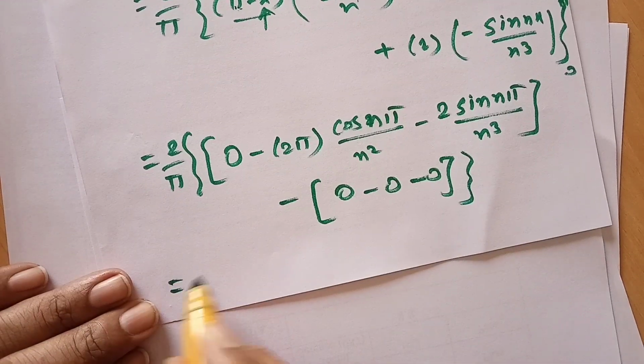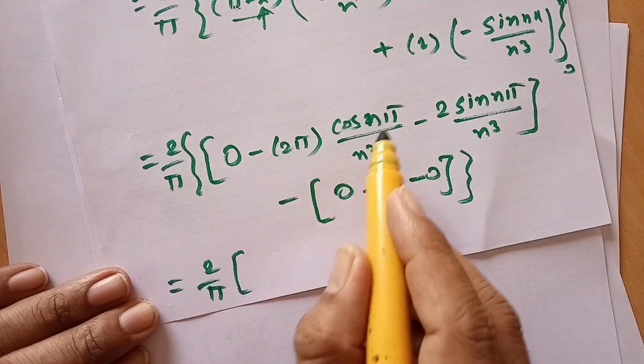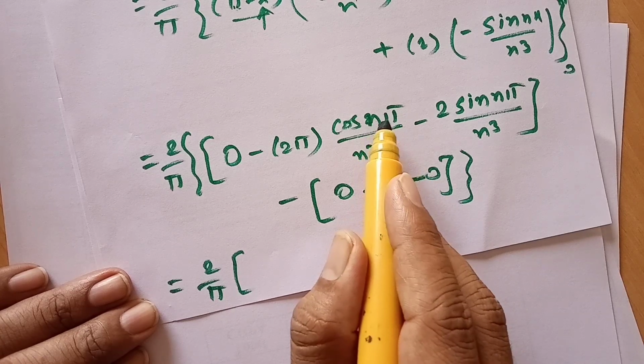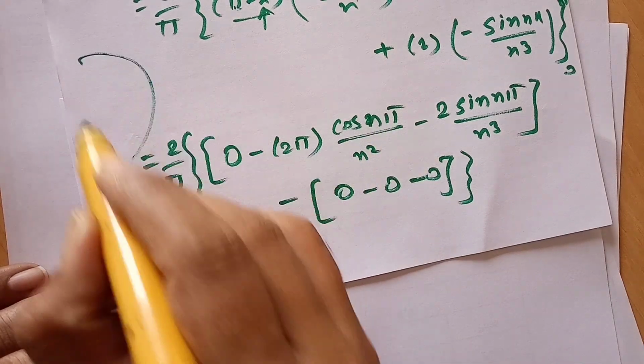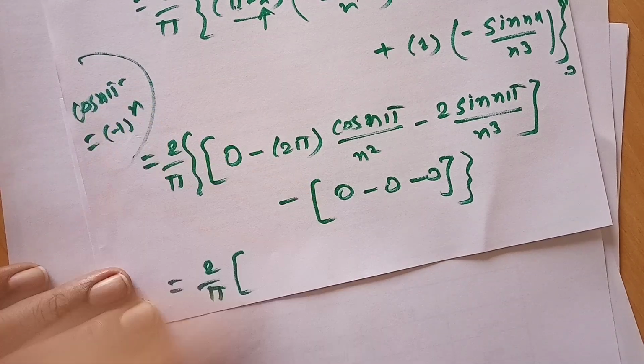We are getting here 2 divided by pi into minus 2 pi cos n pi. What is cos n pi? Cos n pi is equal to minus 1 raised to power n.